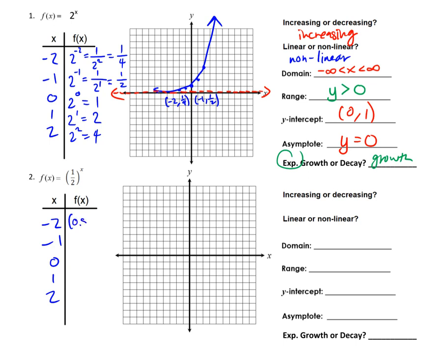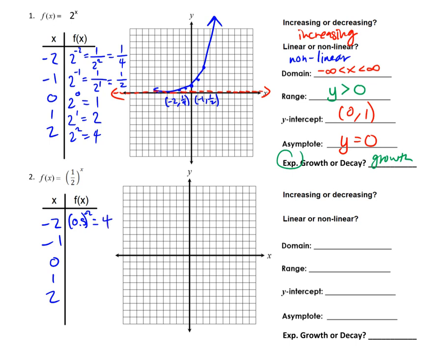So this is basically 0.5 raised to the -2. This is the same thing as 1 divided by 0.5 squared. Okay, so 0.5 squared is going to be 0.25. And 1 divided by 0.25, if you do the math for that, is going to be 4.